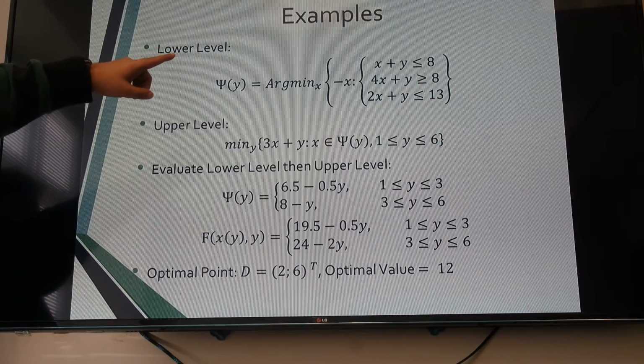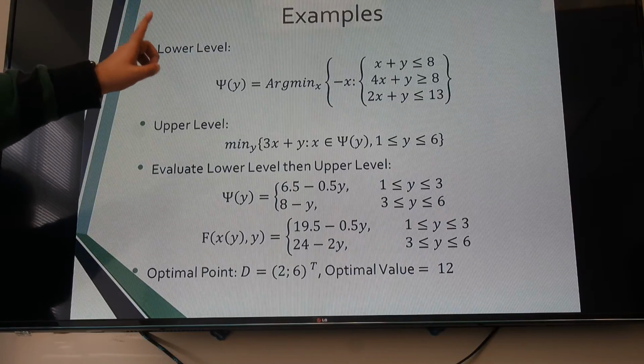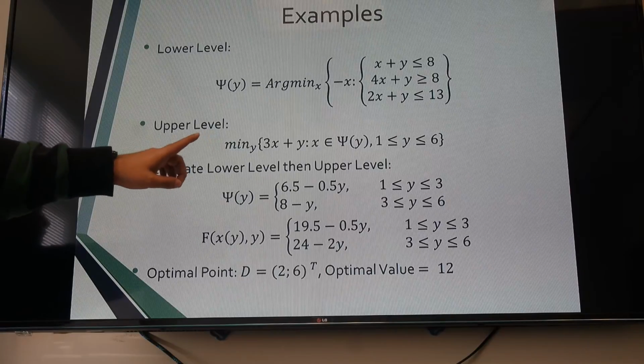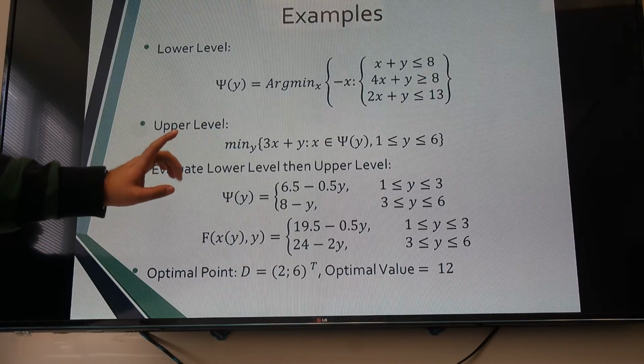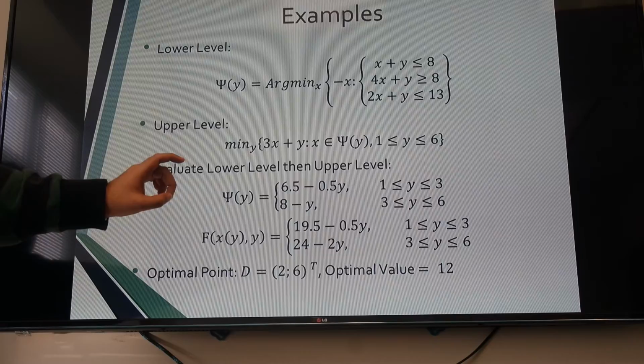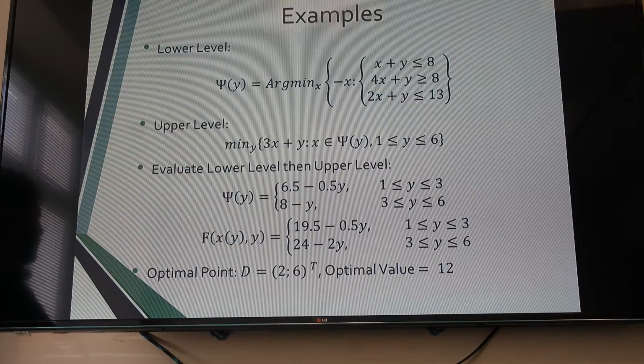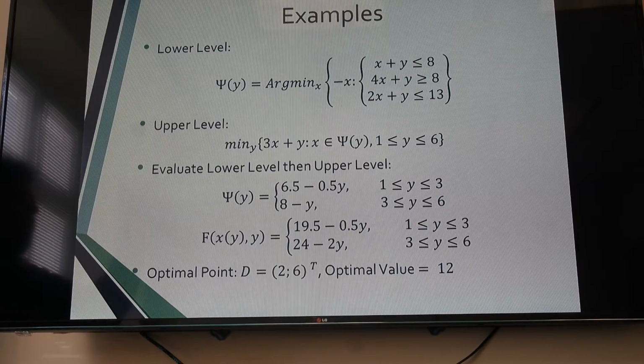Out of those three constraints, one of them is always tight when y is between 1 and 3. And I hope you know what tight is, right? A constraint is called tight when the left-hand side is equal to the right-hand side, and that choice for x and y is also satisfactory for the other two constraints.